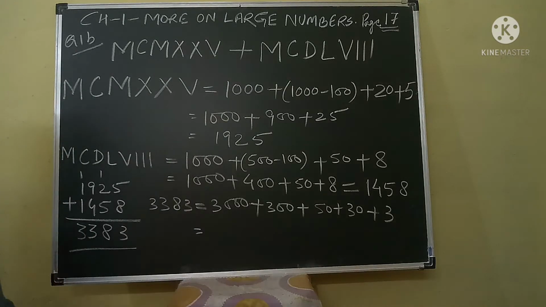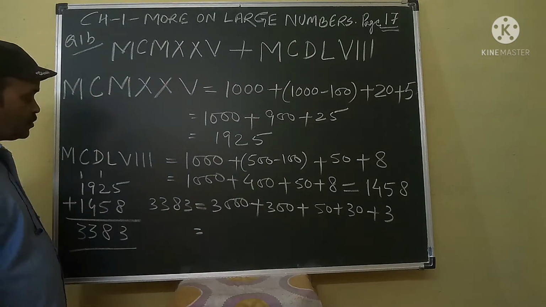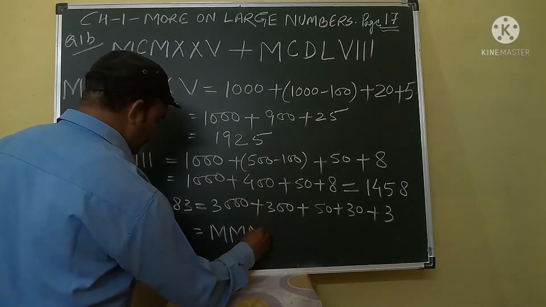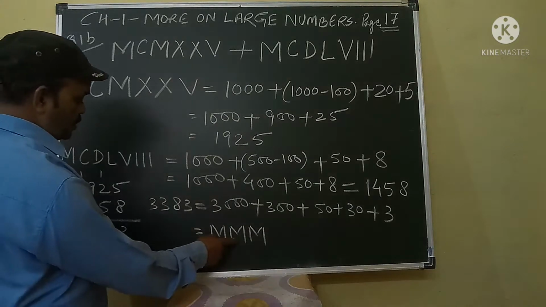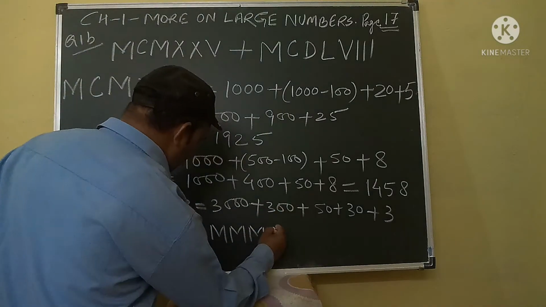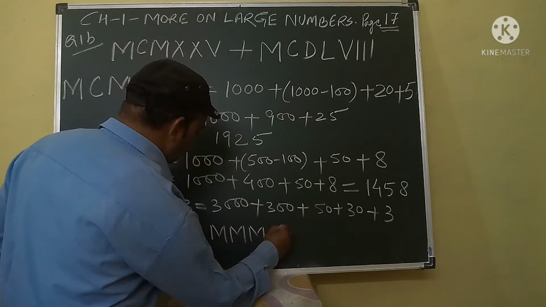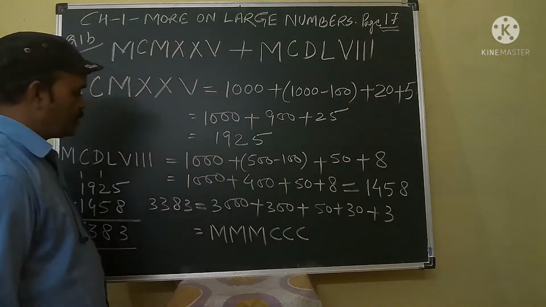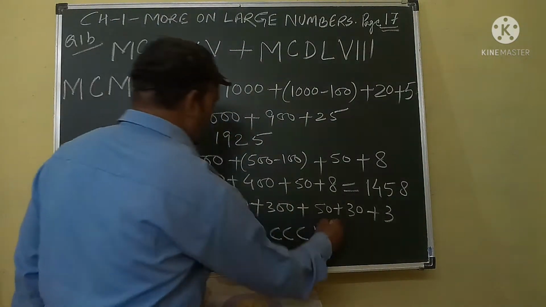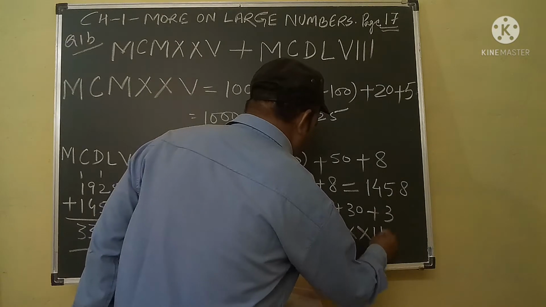Now look here. What is the symbol of 3000? You know very well. M is the symbol of 1000. So 3000 means MMM. 300 means C is the symbol of 100, so 300 means 3 times C. L stands for 50. 30 means XXX. 3 means III.